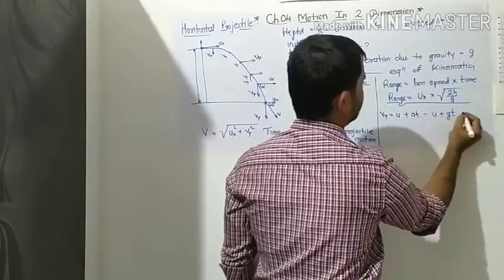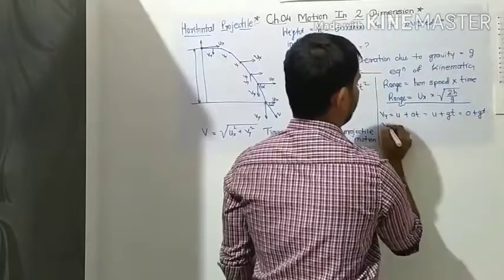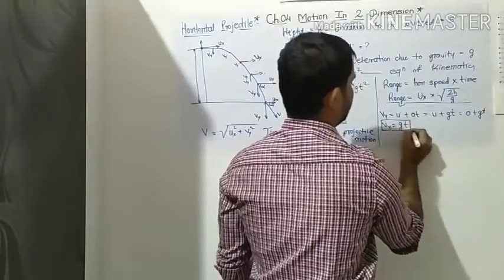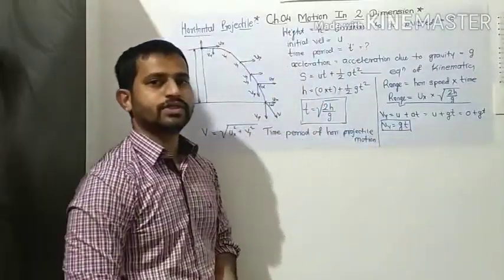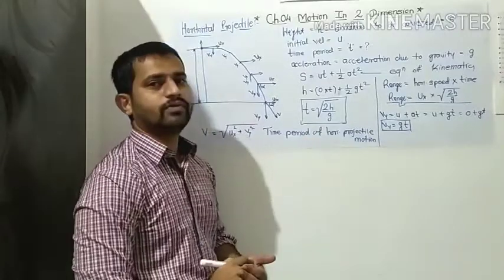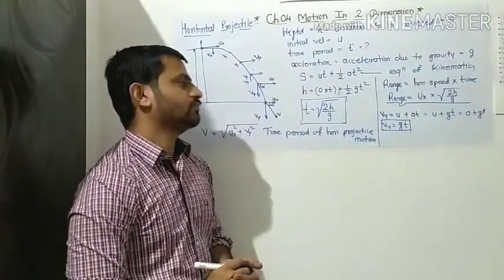The value of u is 0, so we can write that vy is equal to gt. So we can find the vertical component vy is equal to gt.